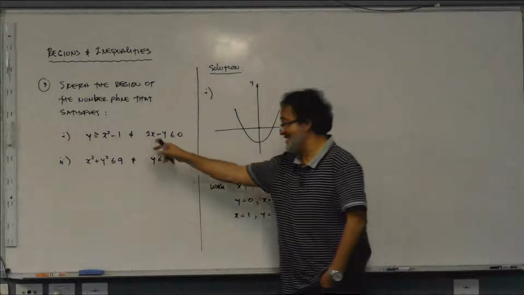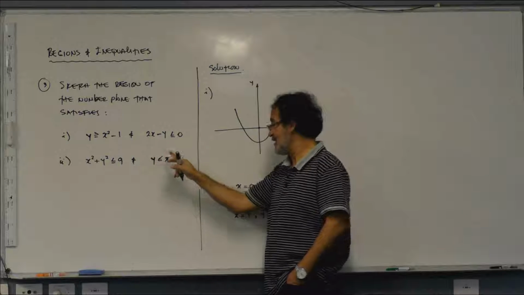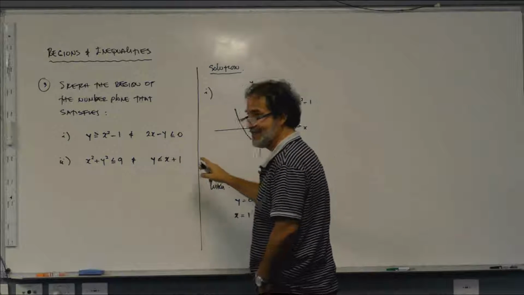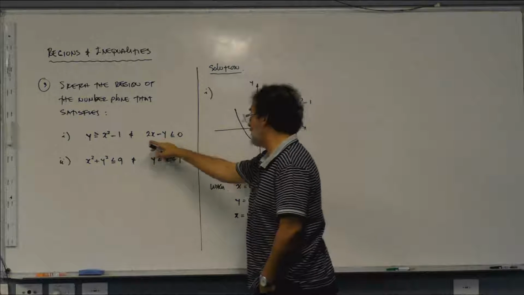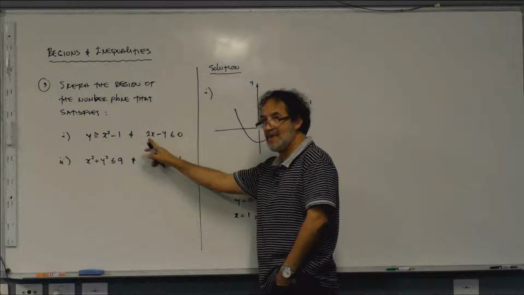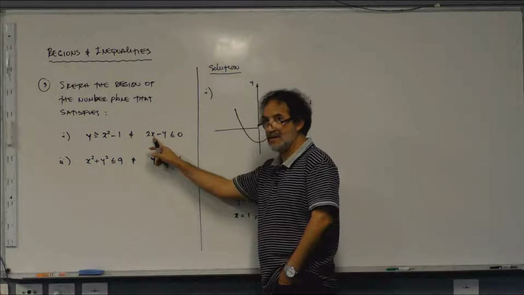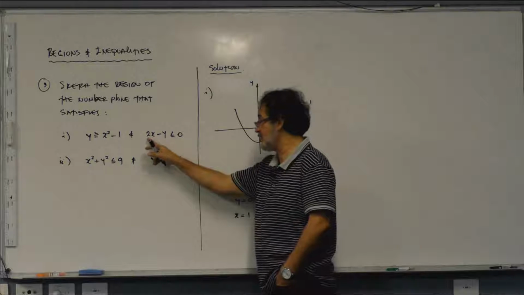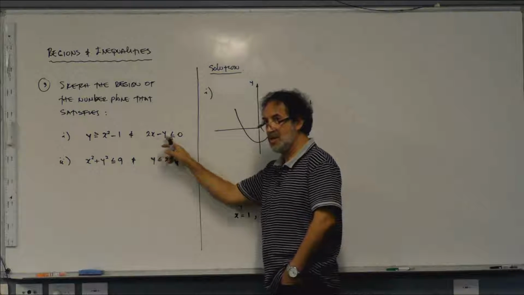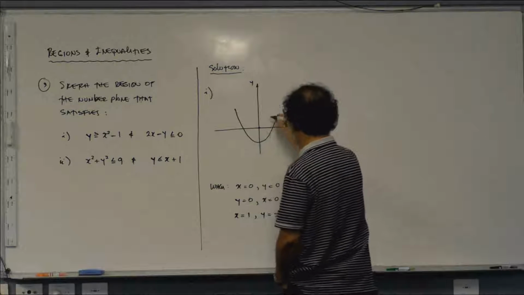Picture this as an equation. When x equals 1, you have 2 times 1, which is 2, and then y is equal to 2. So this is 1 and 2. Let's say that is somewhere here.